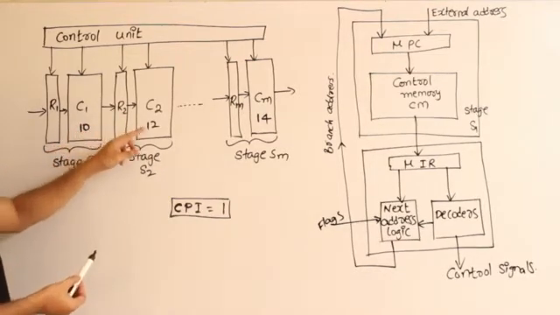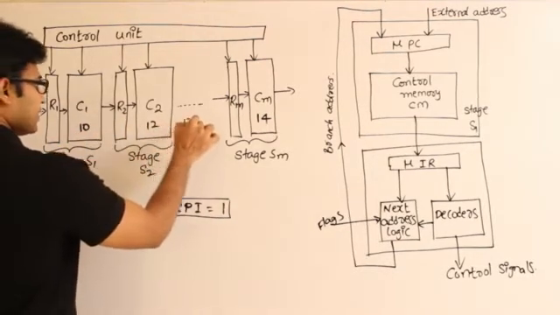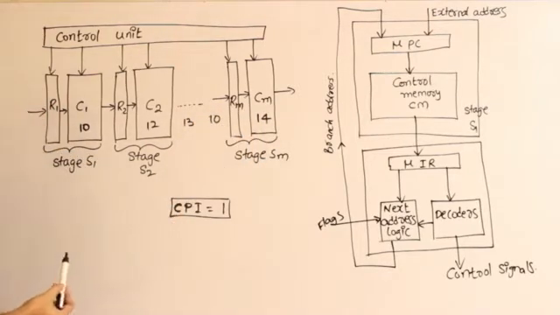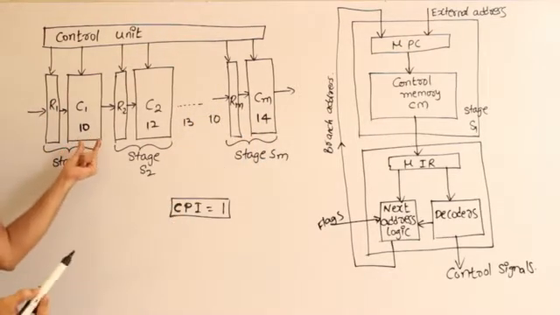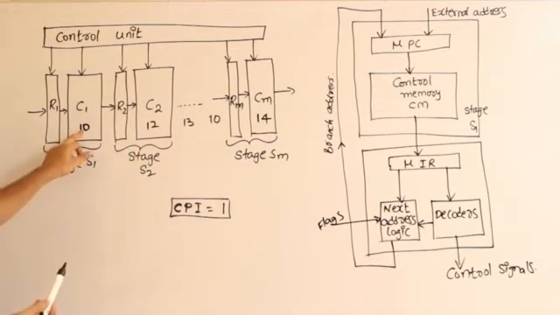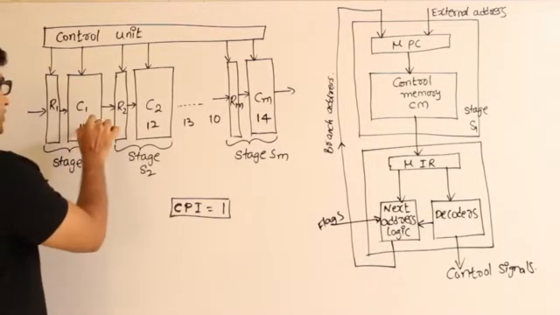First one is 10 and 12, let us say 13, maybe one more is 10 and then 14. I'm just assuming that we have 5 stages here instead of M stages, and each stage's control logic or functional unit takes around 10 units. Let us say this is 10 nanoseconds.